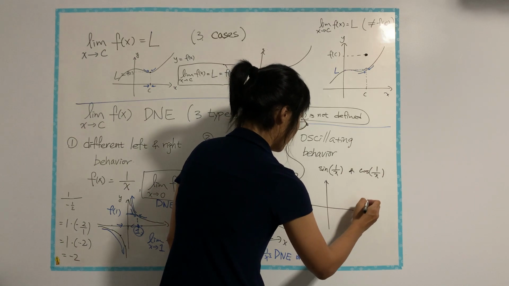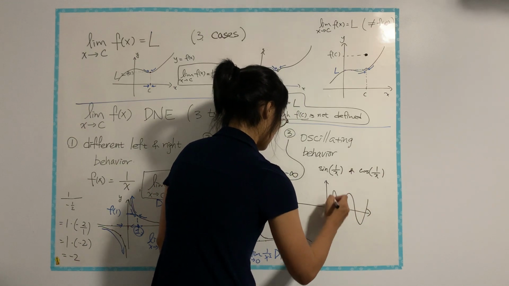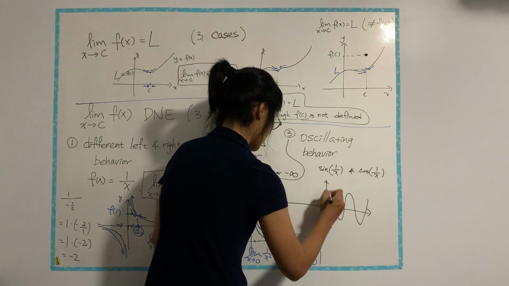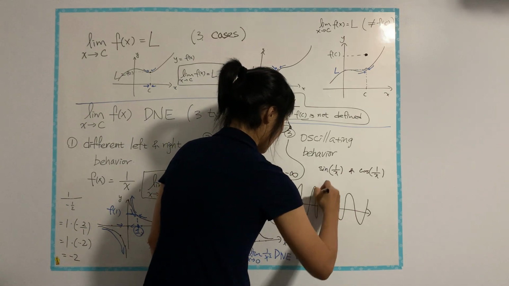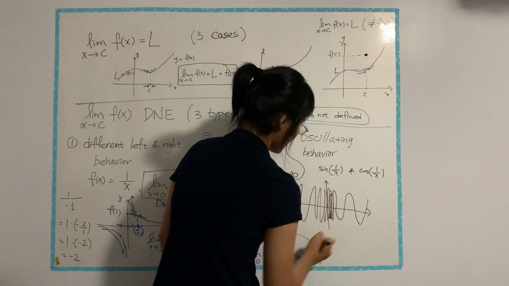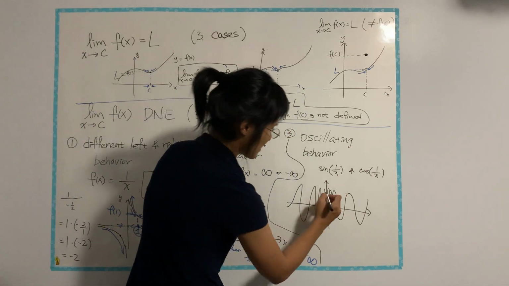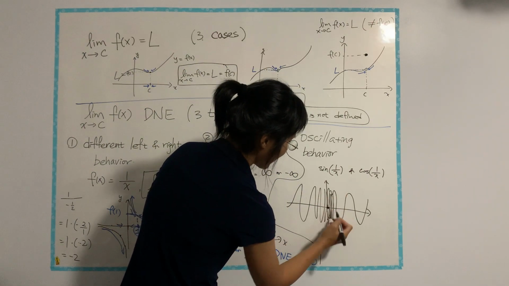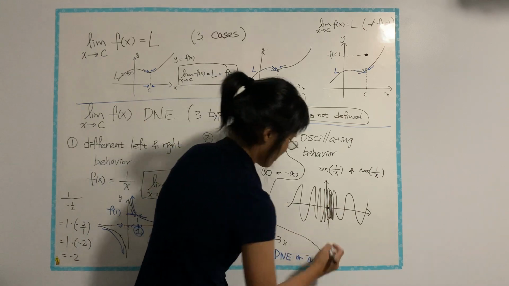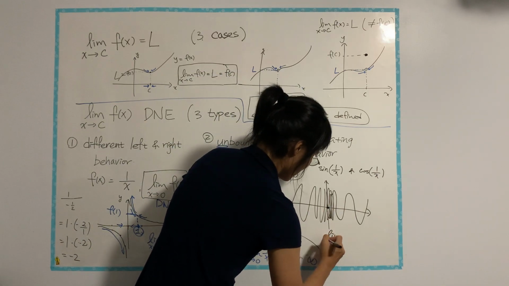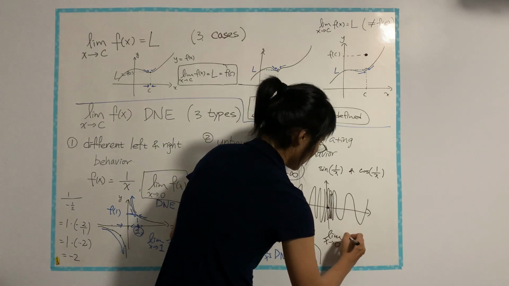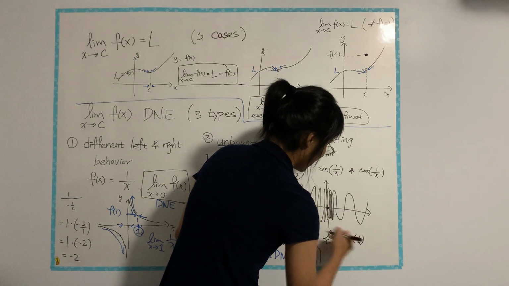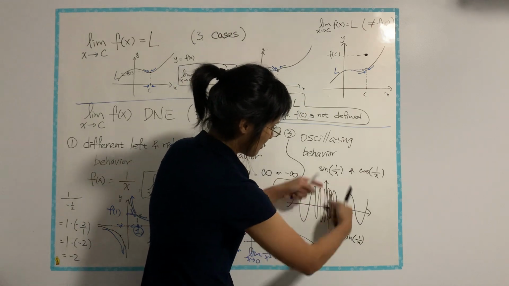So roughly, the function goes like this. Okay, I'm not very precise, but it goes crazy when x approaches 0. So in this case, when x approaches 0, sine of 1 over x has oscillating behavior.